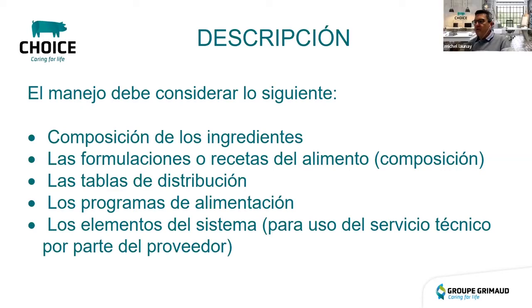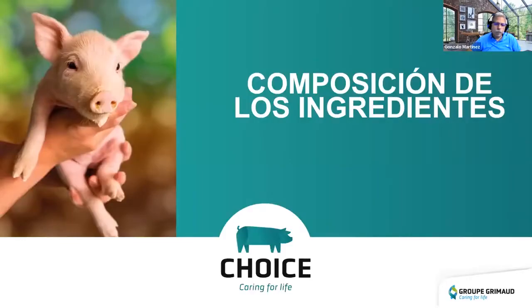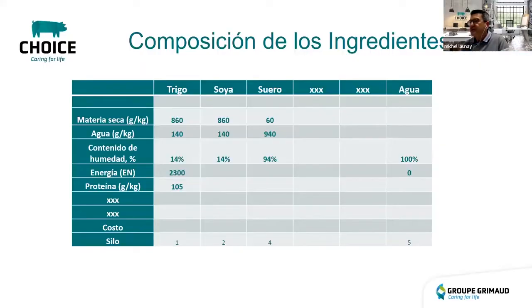So we are going through the different important parts of the device, and then we go through some checking points which are quite important. So first, the raw materials. It's of course an important part.